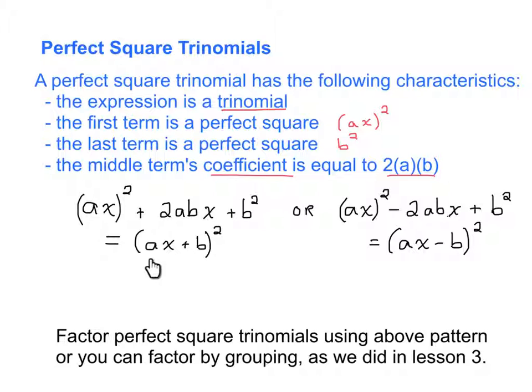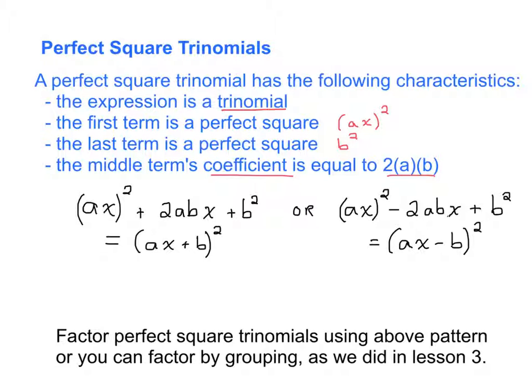And we can write our answer as the square root of the coefficient from the first term times x plus the square root of the last term, and then that whole factor is squared because it would be multiplied by itself. If there's a subtraction in the middle term, then it's the same pattern, only you use a subtraction sign in your factor.